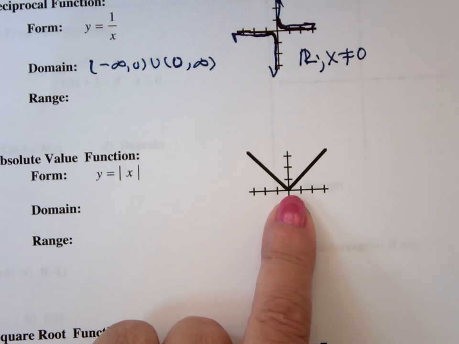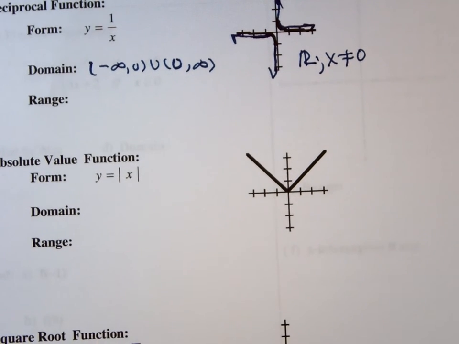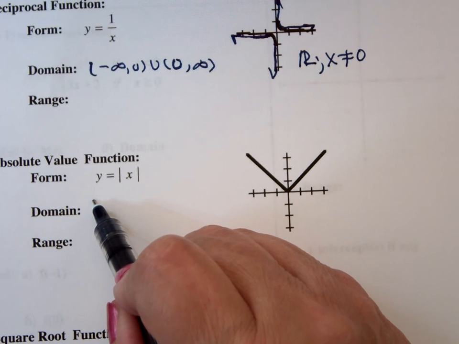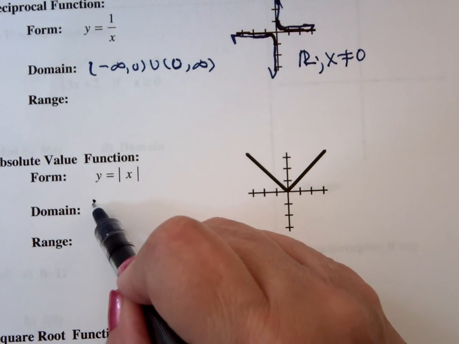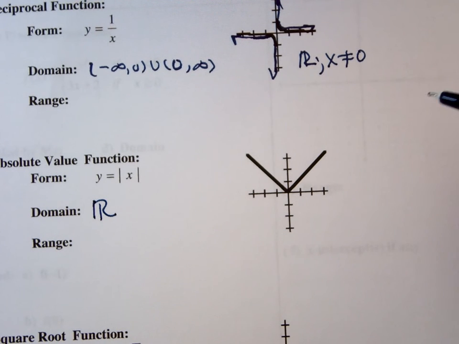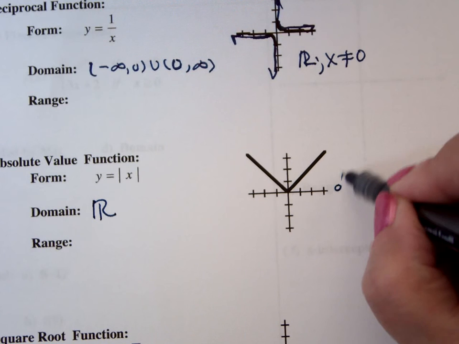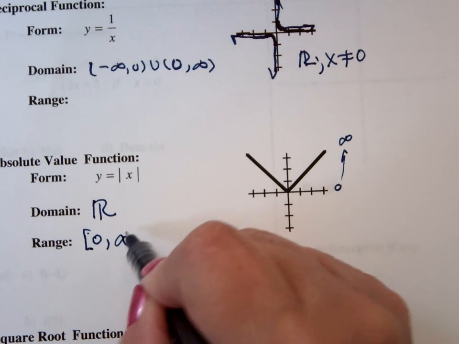Absolute value function, he's a V. What's the domain? Negative infinity to infinity, all real numbers. What's the range? 0 to infinity, including 0.